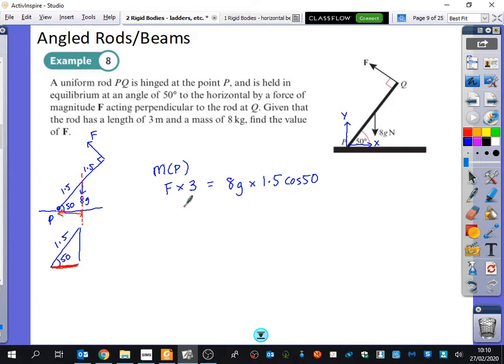So we can now just say that F is equal to 8G multiplied by 1.5 cos 50 divided by 3, which is 25.2 newtons. Okay?